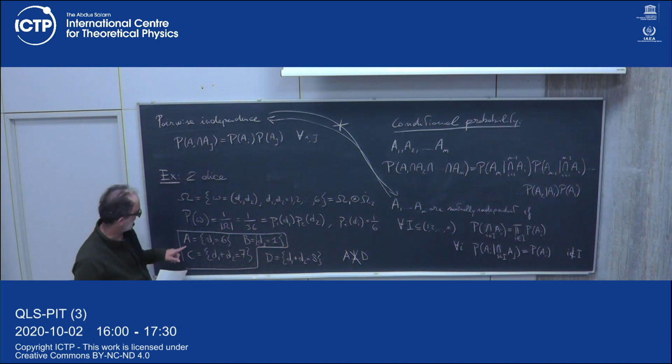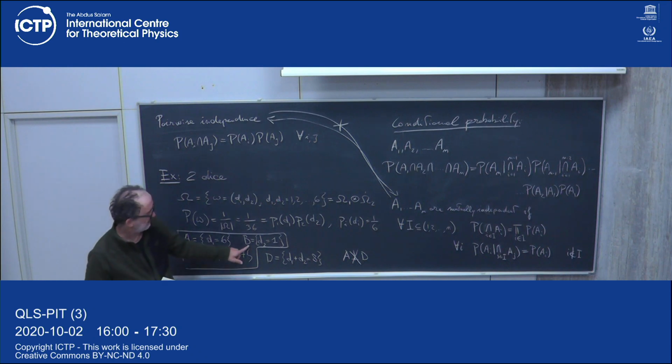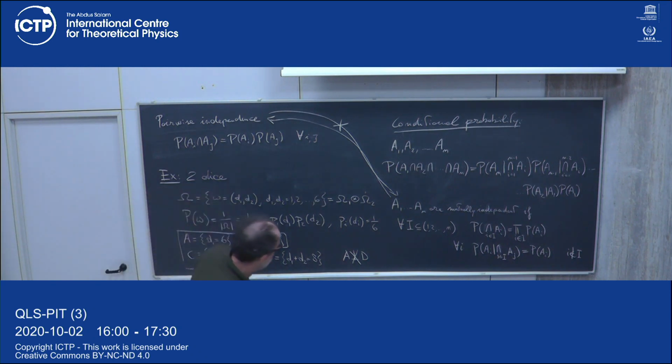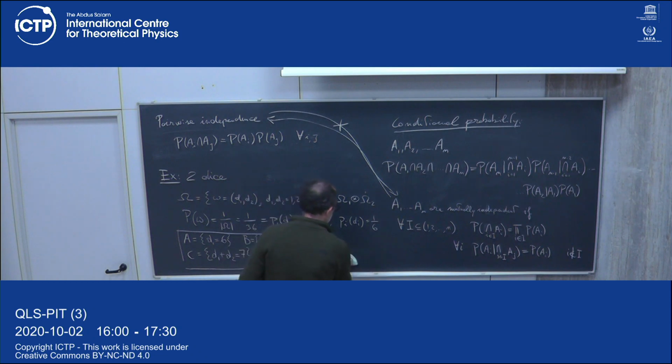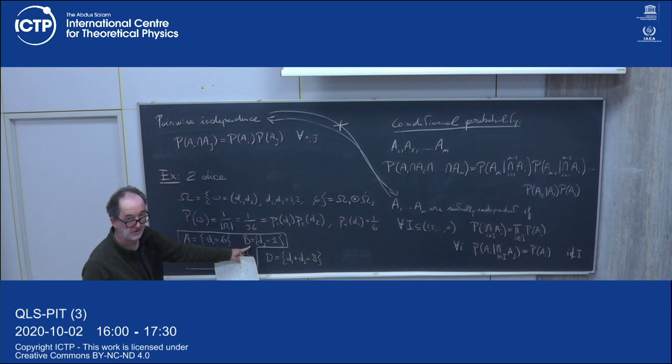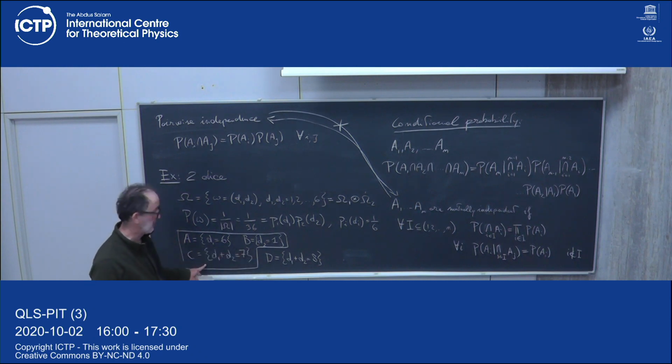And as we have shown, A is independent of B, A is independent of C, and by symmetry, or you can just do the calculation, you will find out that also B is independent of C. However, A, B, and C are not independent, because if A and B occur, then C occurs with probability 1.